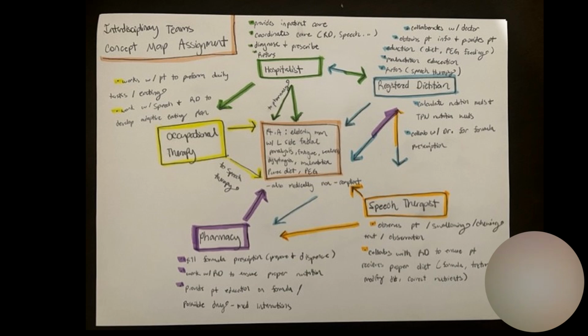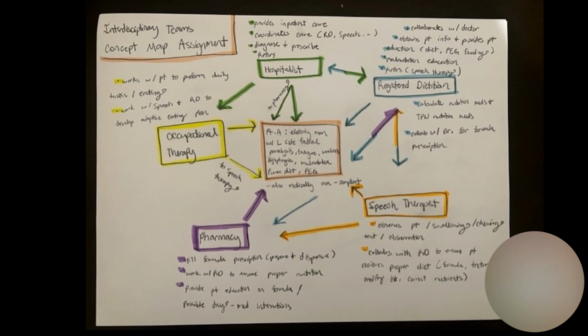In the pharmacy, the pharmacist can fill the prescription, prepare it, and dispense it. Work with the registered dietitian to ensure that the formula is going to provide proper nutrition to this patient for his particular needs. And the pharmacist can also provide some patient education on the formula and any type of drug-med interaction that it could have, if it could have.